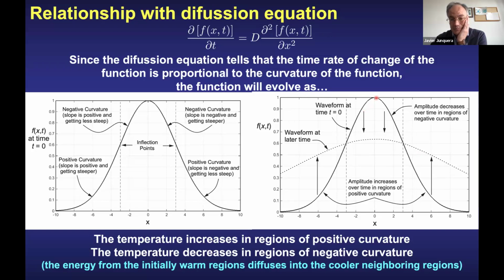So the temperature will decrease in this central region around the central spot. That means that the energy from the initially warm regions diffuses into cooler neighboring regions. Okay, so it will make the temperature more homogeneous all around the system. So this is the classical solution of this diffusion equation.